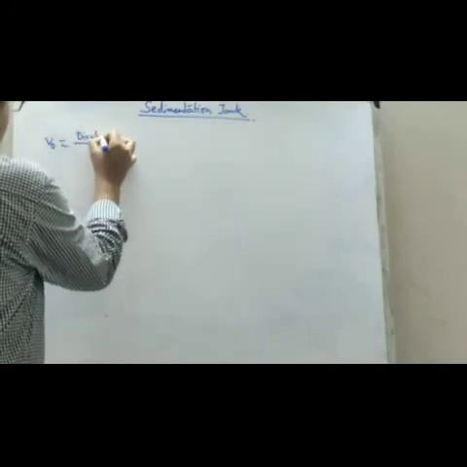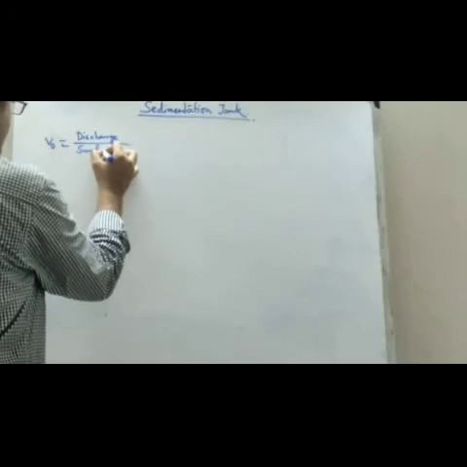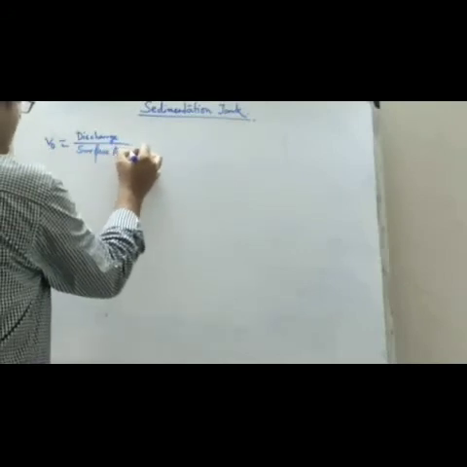So V0 means discharge divided by surface area. And what is discharge?